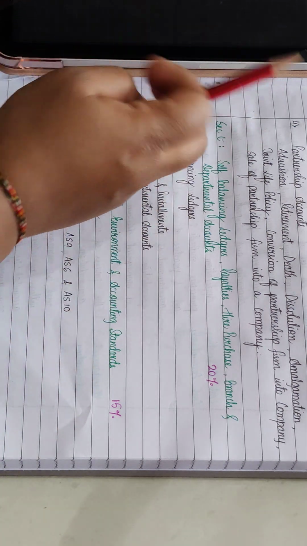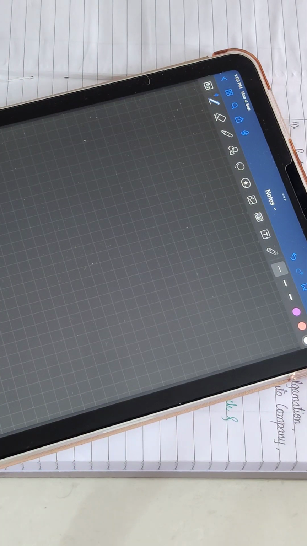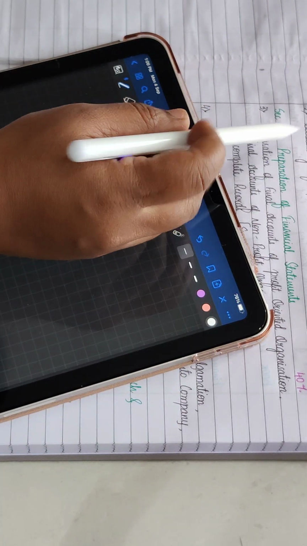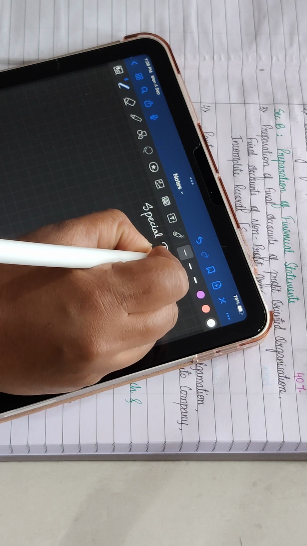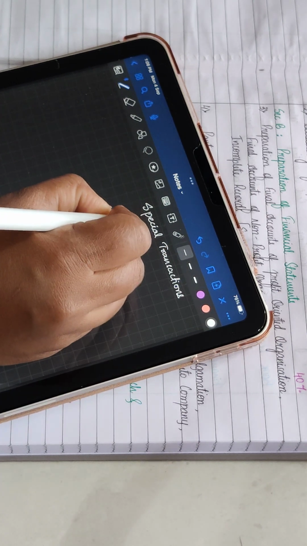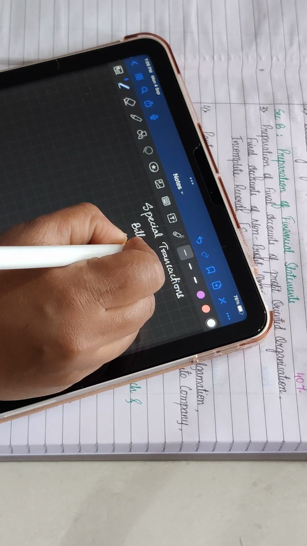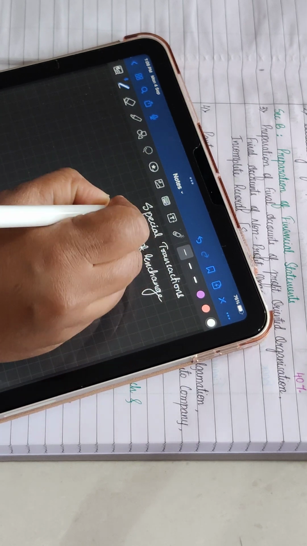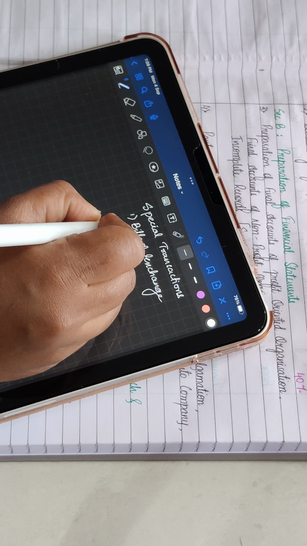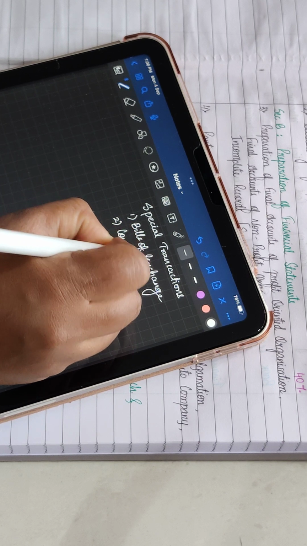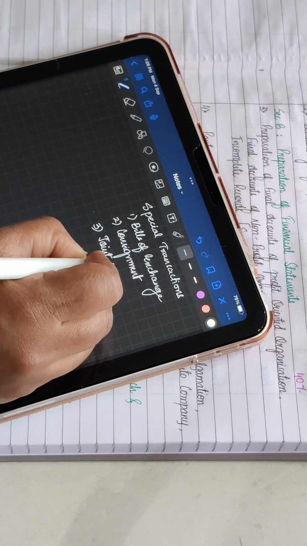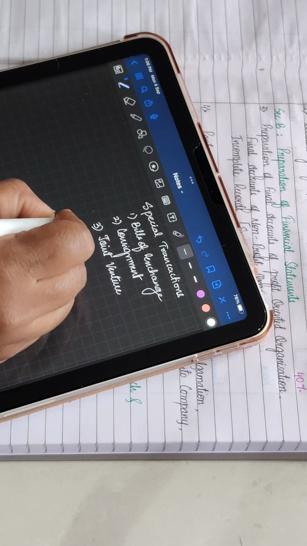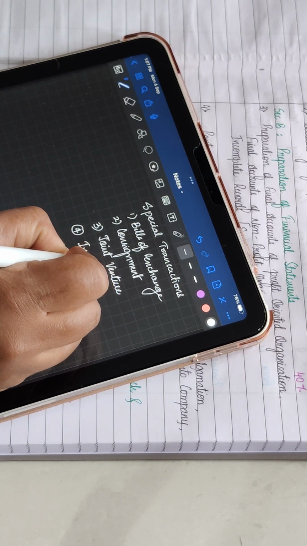Okay, so in fundamentals of accounting, basics have been covered, and in special transactions accounting, the special transactions: first one is bills of exchange, then comes consignment, then comes joint venture, and next one is insurance claim.